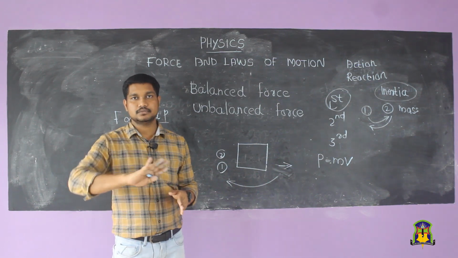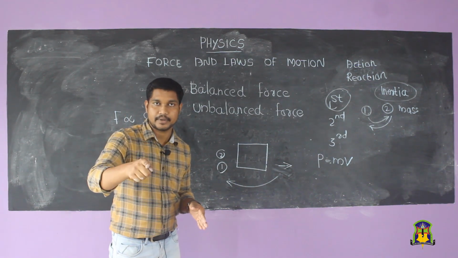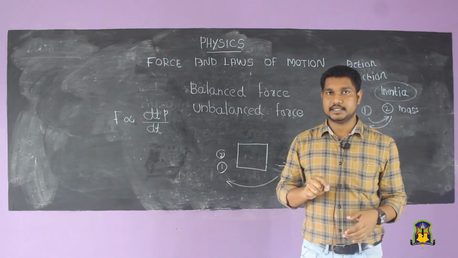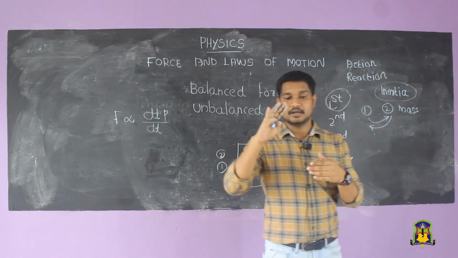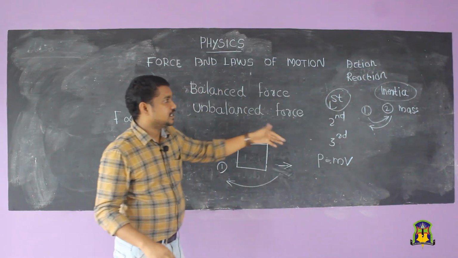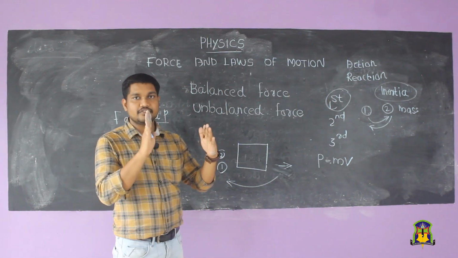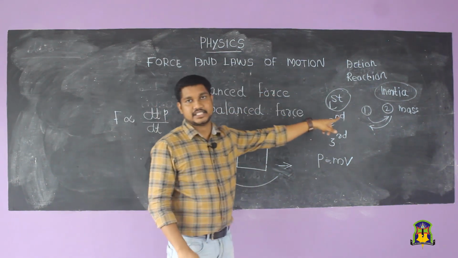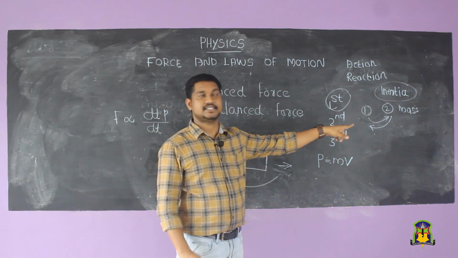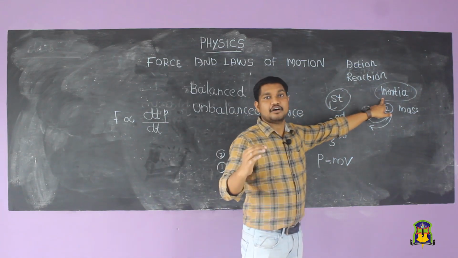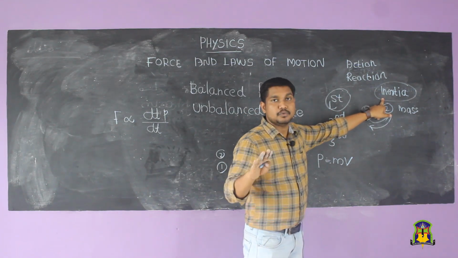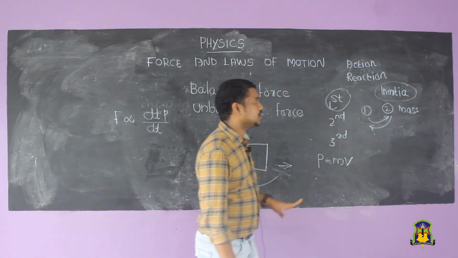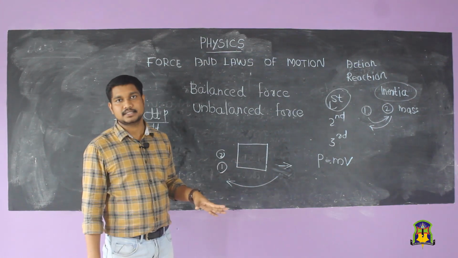If you apply some force, it will move from one side to another. That means an object cannot move from one place to another by itself. That is called inertia. In simple language, the inability of a body to move from one position to another is called inertia.